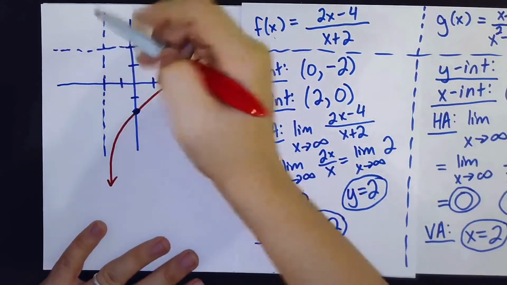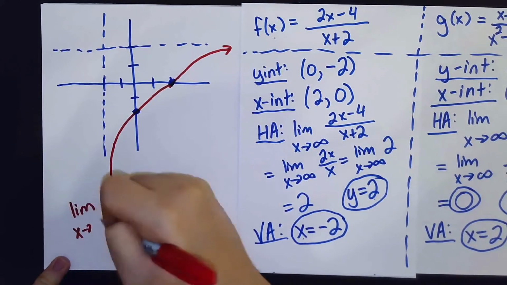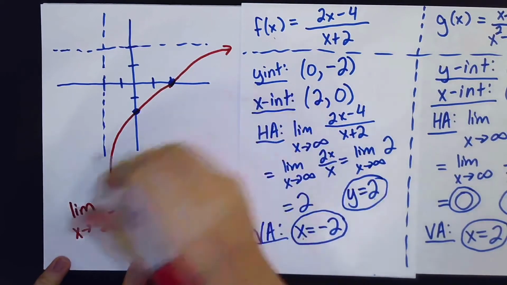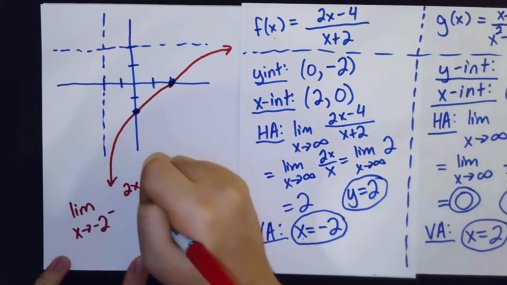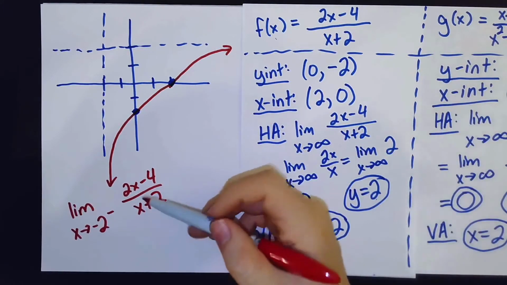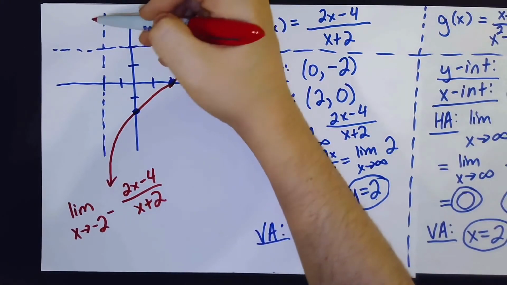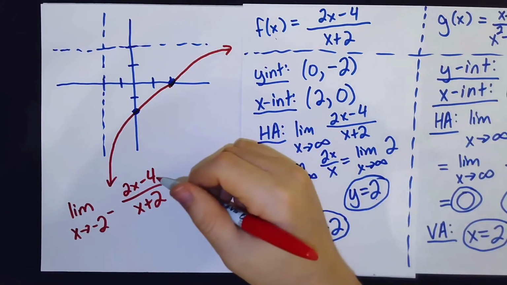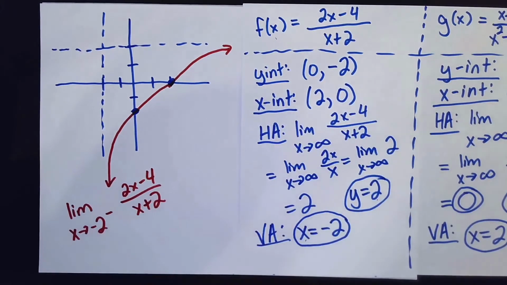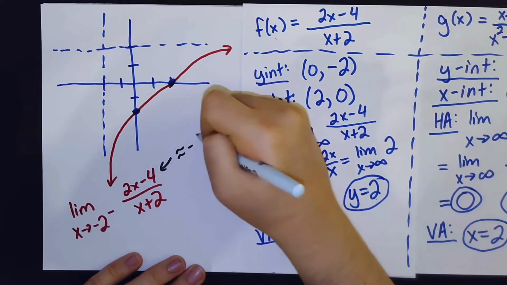What happens up here, though, I can figure that out by calculating the limit as x goes to minus 2 from the left of (2x minus 4) divided by (x plus 2). And remember, this is going to tell me, does the other piece of the graph show up over here or show up here? Well, I go back to my usual technique for calculating these things, which is to say, at minus 2, this thing is near minus 8.